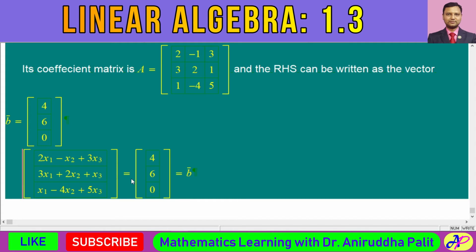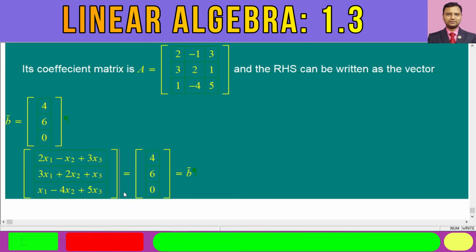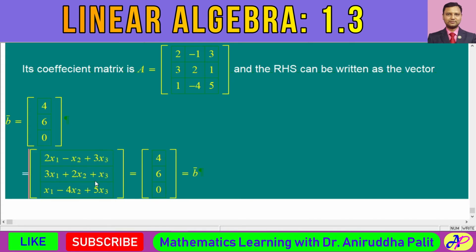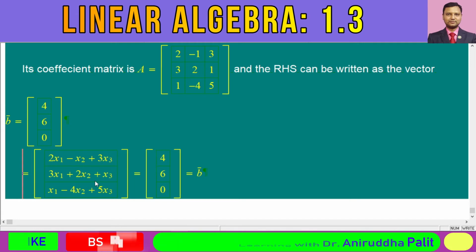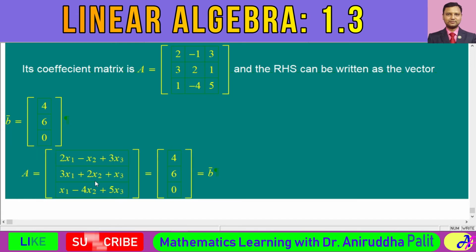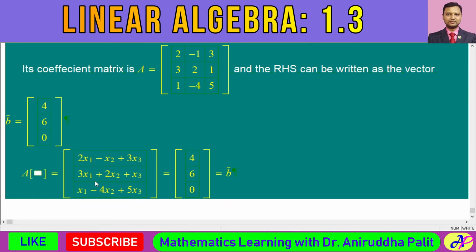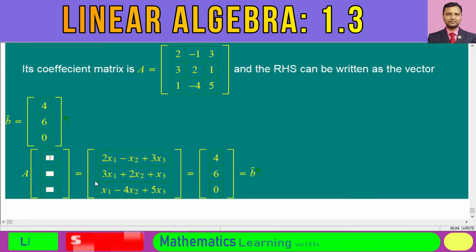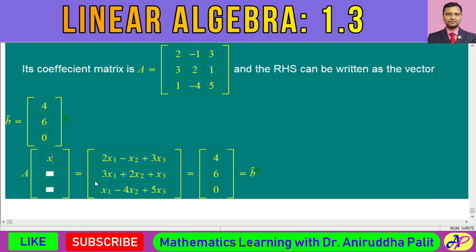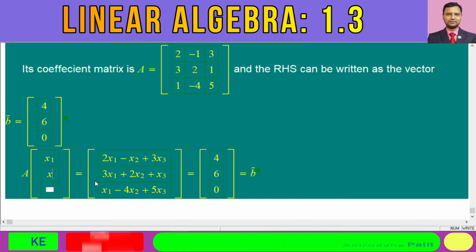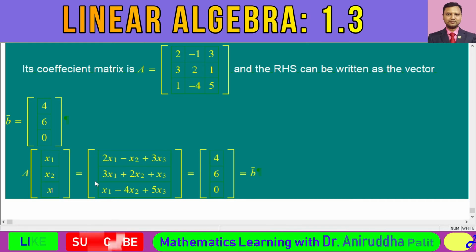And what is this left hand side? This left hand side can be written as the matrix capital A into a column matrix like x1, x2, and x3.